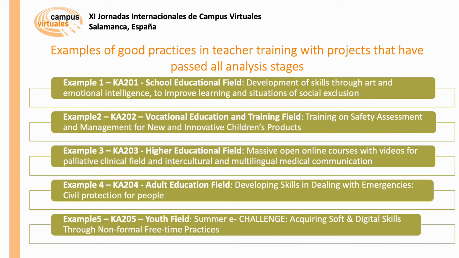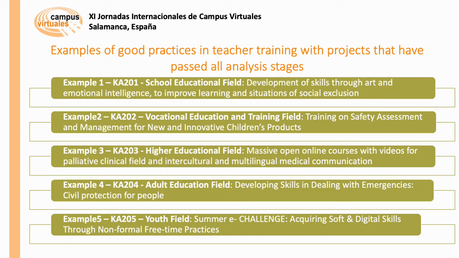As a result of these analysis stages, 5 projects linked to teacher training have been selected to offer samples of successful projects in each of the educational sectors with which the indicated research is working.